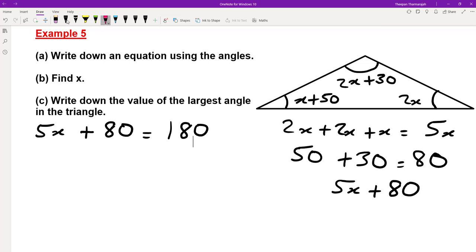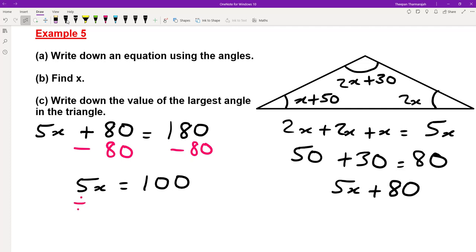degrees. So now I'm going to solve this equation by minus 80 on both sides of the equation. And then I get 5x equals 100. Divide by 5 on both sides. So divide by 5 here. Divide by 5 here. So now I can get the value of x to be x equals 100 divided by 5, which is 20.